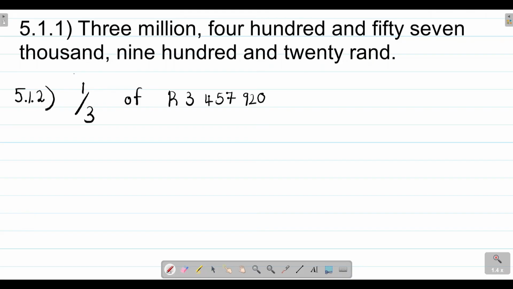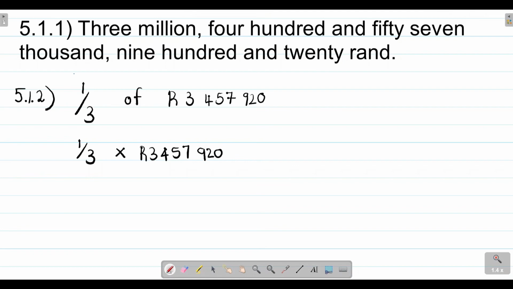And then, if you say a third of, that "of" means that we need to multiply 1/3 by 3,457,920.